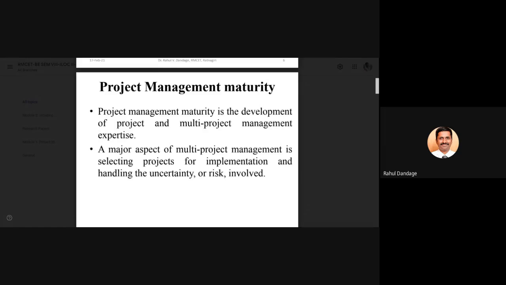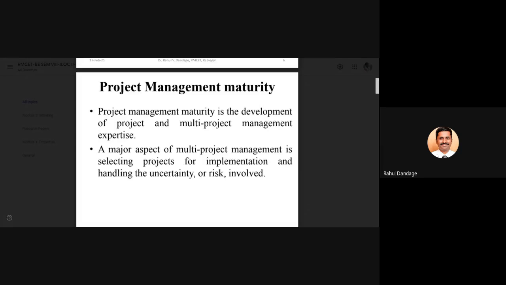So now you are able to execute the project successfully, and not only a single project, but you have mastered yourself to manage multiple projects in the most efficient manner. Once you can do it, we can say you have reached the project management maturity stage. A major aspect of multi-project management is selecting projects for implementation and handling the uncertainty and risk involved.